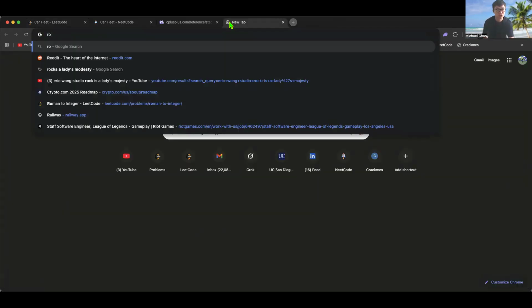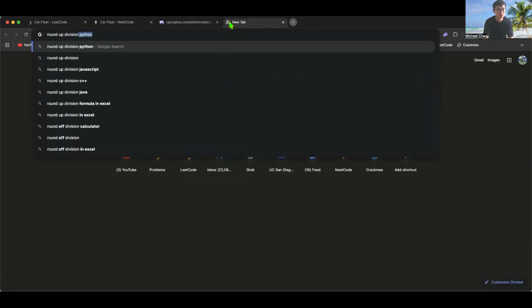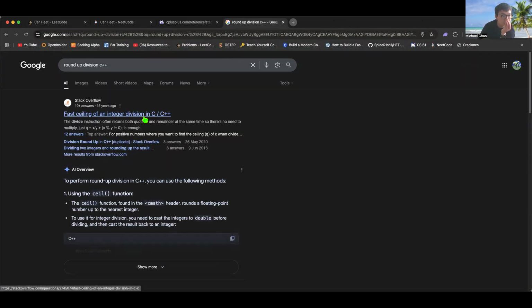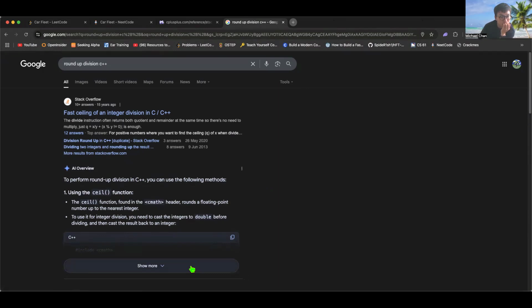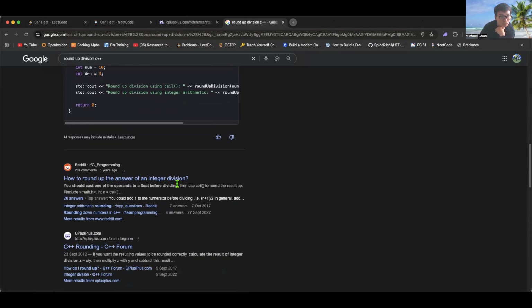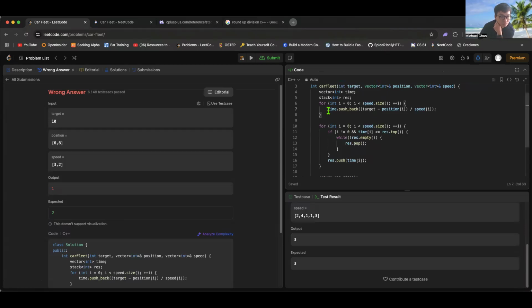How to round up division? Because right now this floor divides it, which is not what I want.